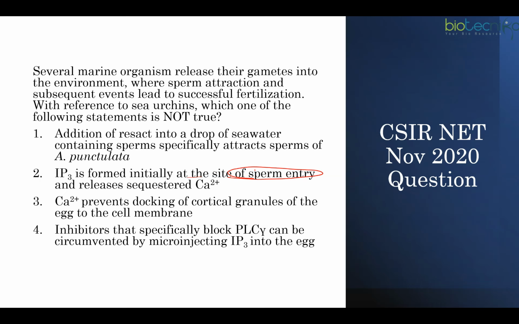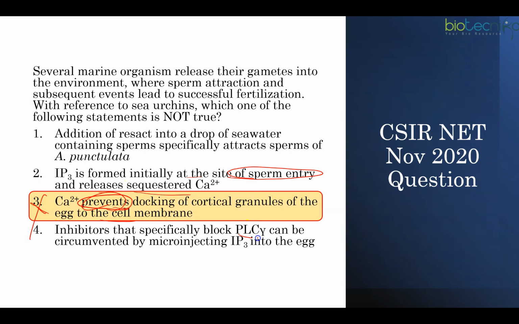The calcium increases as a wave and releases the hidden calcium contained inside the endoplasmic reticulum. Next: calcium prevents docking of cortical granules. Calcium doesn't prevent docking of cortical granules. In fact, it causes the exocytosis of the cortical granules. That means it will dock the granules to the cell membrane, which helps them release their content. Since it says prevents, this statement is not correct.